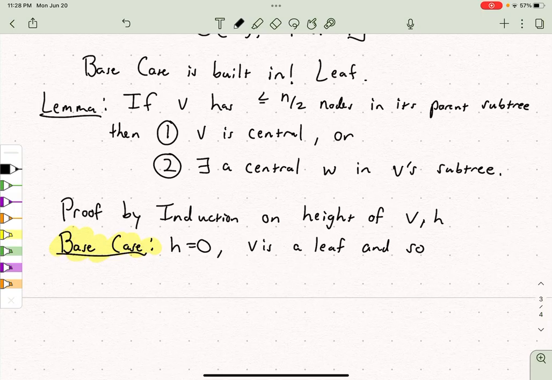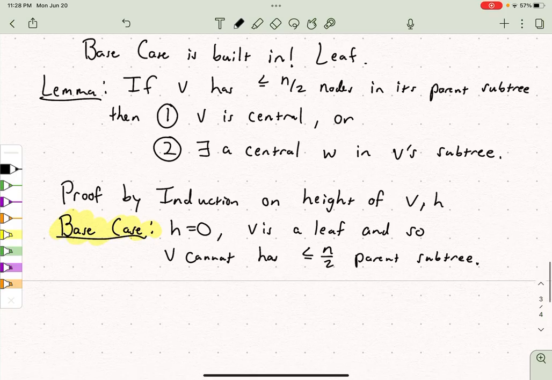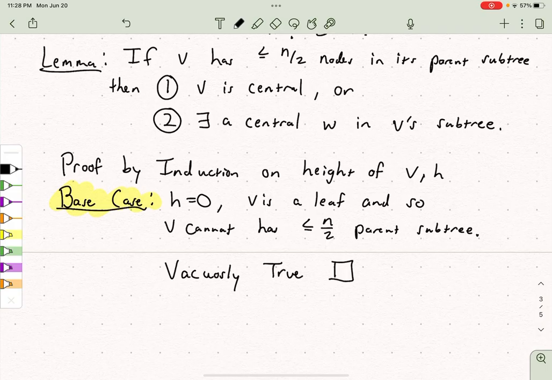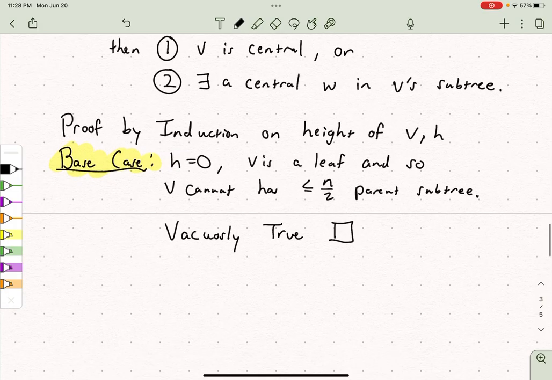Specifically, v cannot have a small parent subtree. So what does this mean? Well, v doesn't even satisfy the assumption up here. We are assuming v has this property. And so the base case is vacuously true. The statement doesn't even apply to such a v.